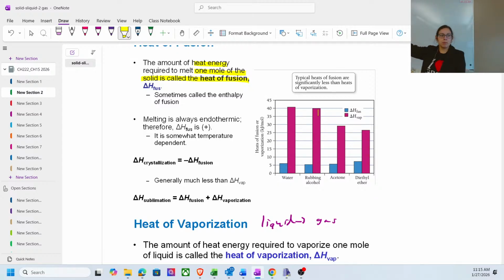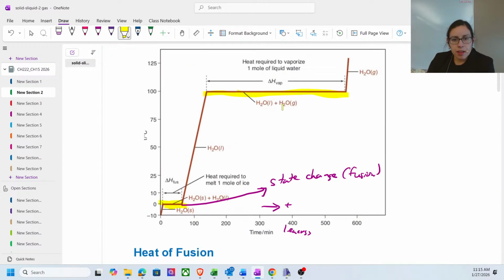Gas particles have more energy. They're moving around and are further apart, so they have much more kinetic energy. So we have to add a lot more energy, which is reflected in our state change and labeled on that graph. Label it if you need to. Again, we're doing a state change here, liquid to gas.